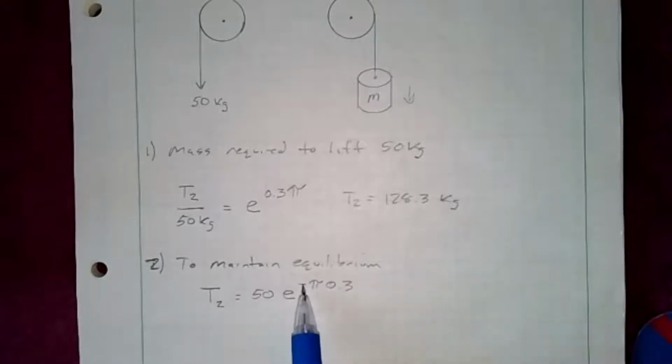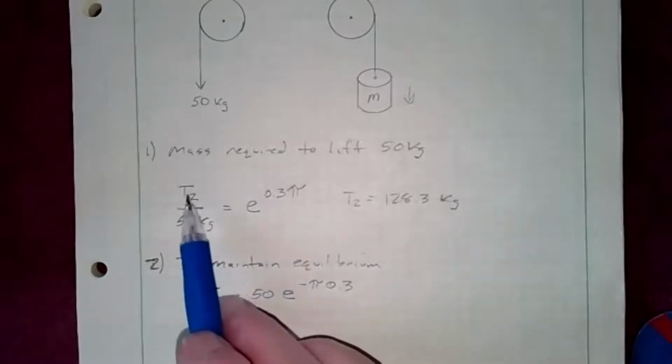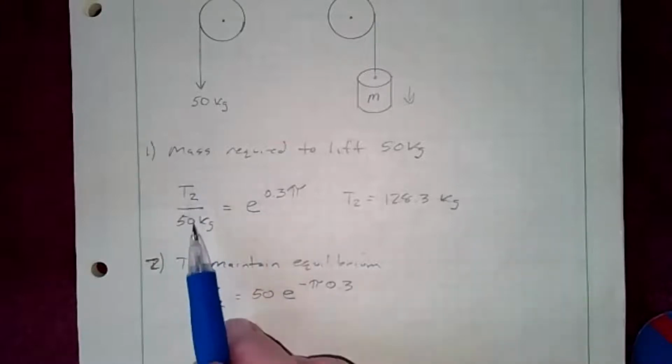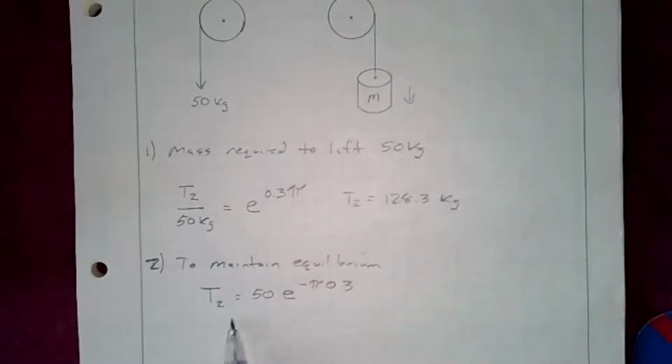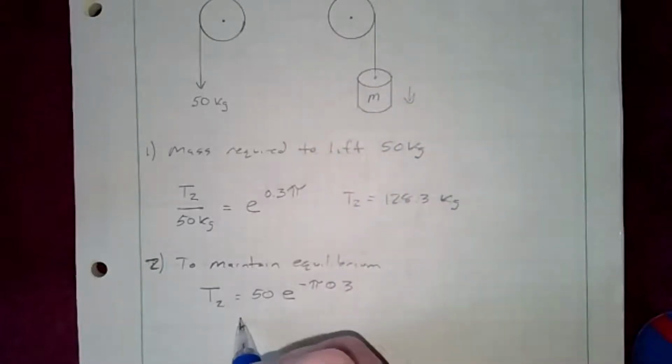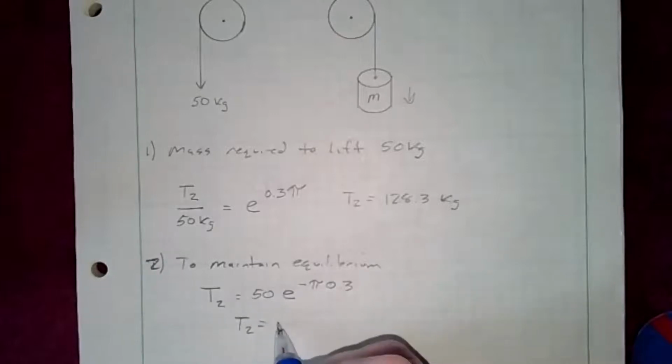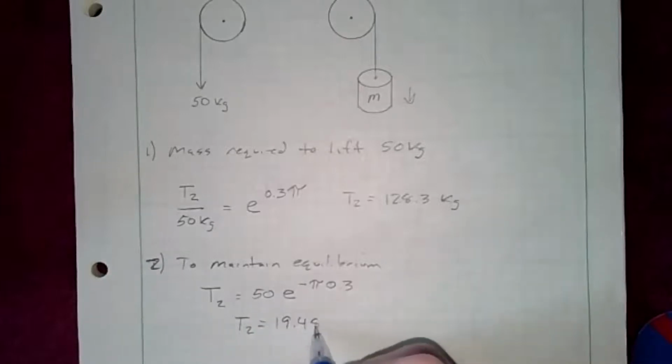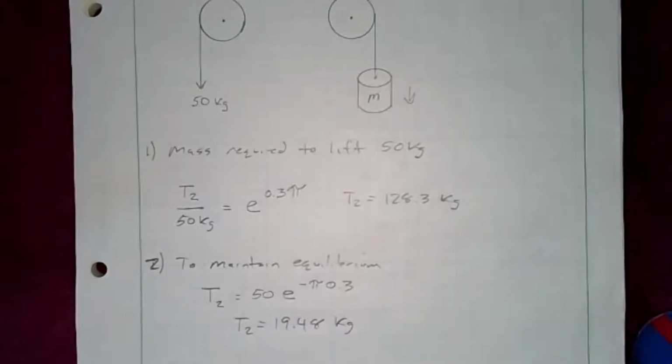By adding the negative sign, all I did was flip over T1 and T2. I could have just as easily put 50 on the top and then put my unknown down here. But by adding the negative sign, I can leave it that way. So now if I calculate this, it turns out that in order to maintain equilibrium, this tension only needs to be 19.48 kilograms. So not really too much, okay?